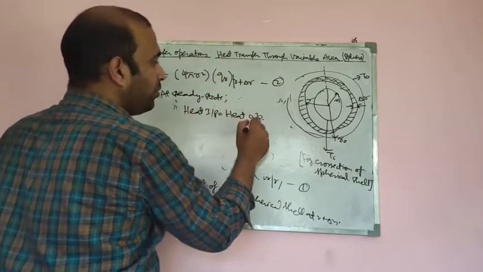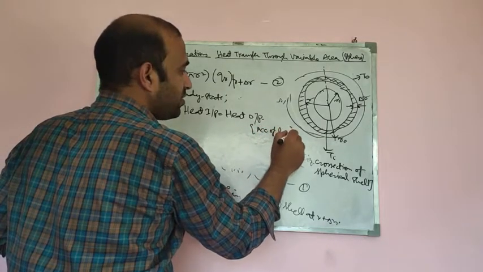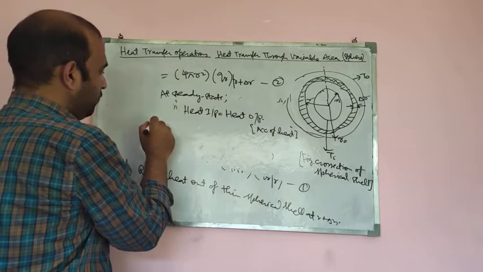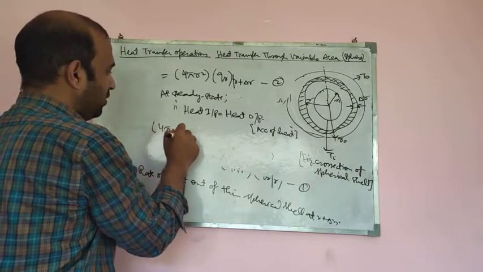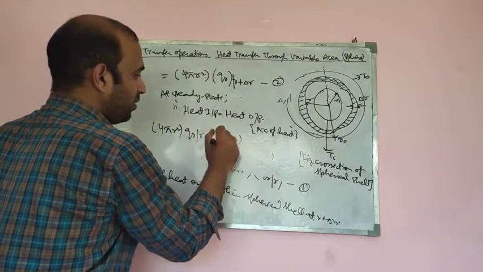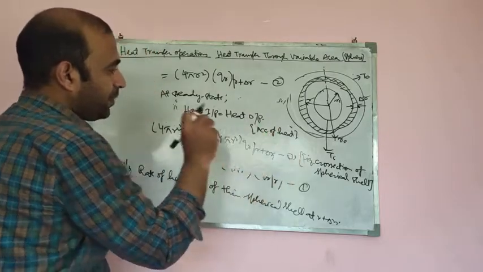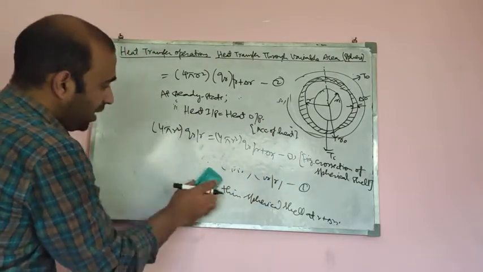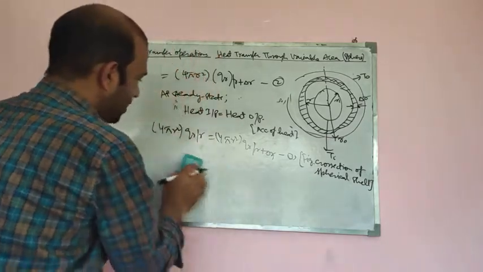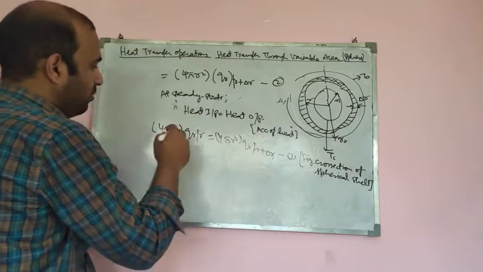There will be no accumulation of heat, because at steady state the accumulation term will be 0. So we can write 4 pi r square qr at r must be equal to 4 pi r square qr at r plus delta r. At steady state there will be no accumulation of heat inside the sphere. Whatever heat goes in comes out.